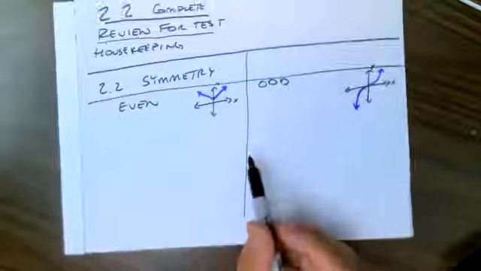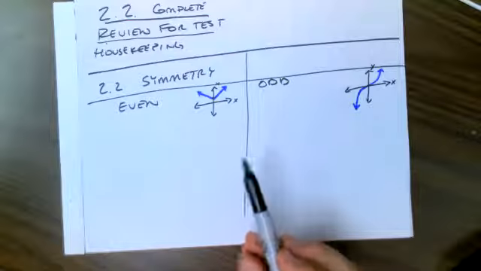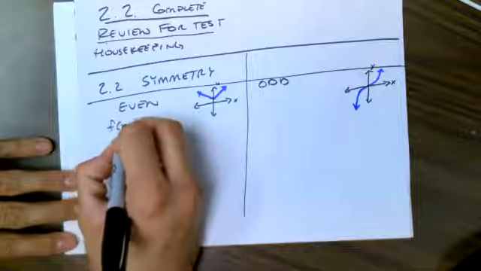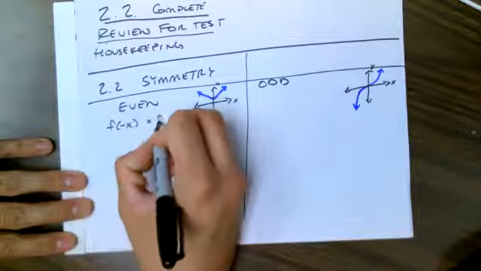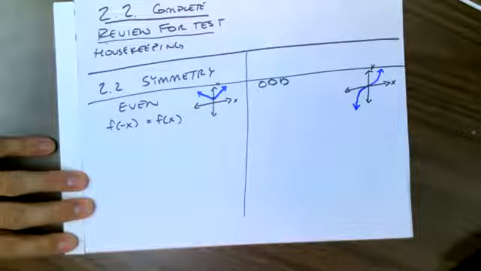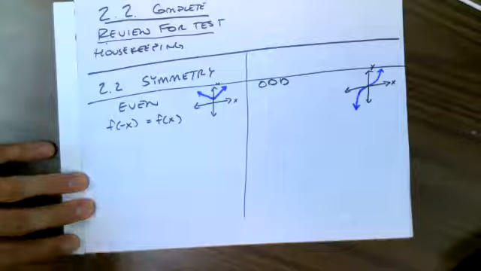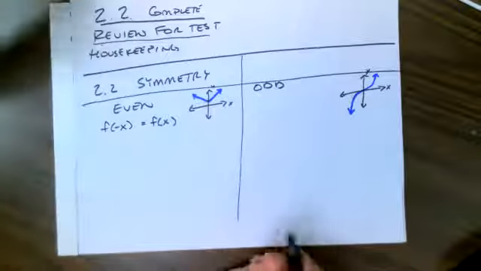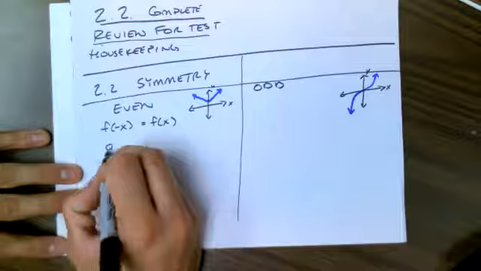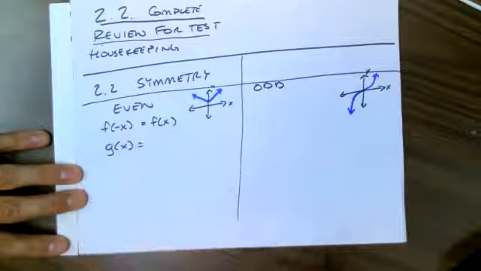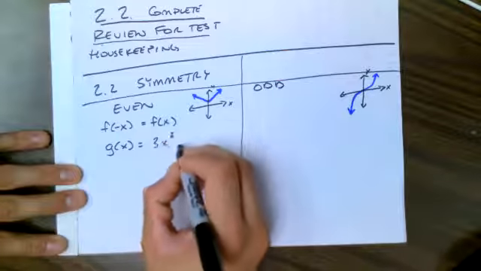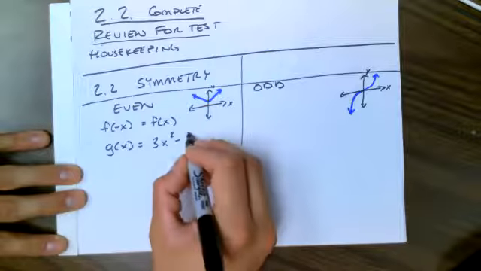Let's look at these, starting with the equations. If we have an even function, it turns out f of negative x just equals f of x. I'm going to give you an example with an equation that is even. Let's say g of x equals 3x squared minus 8.